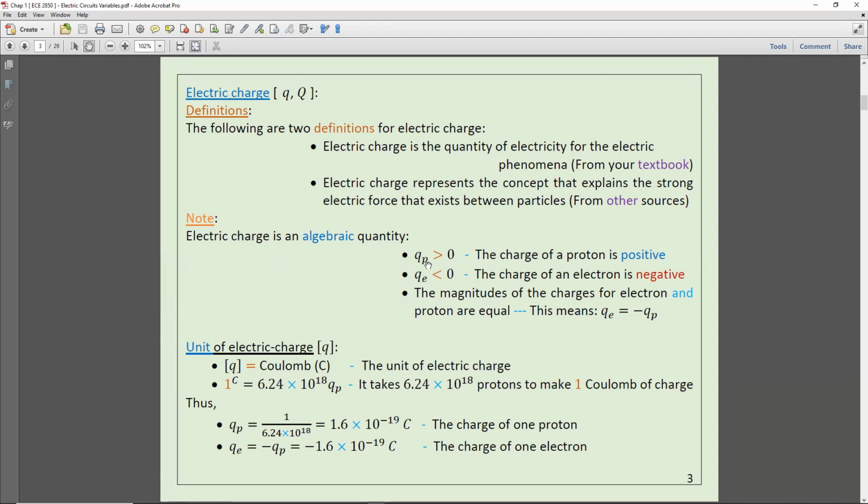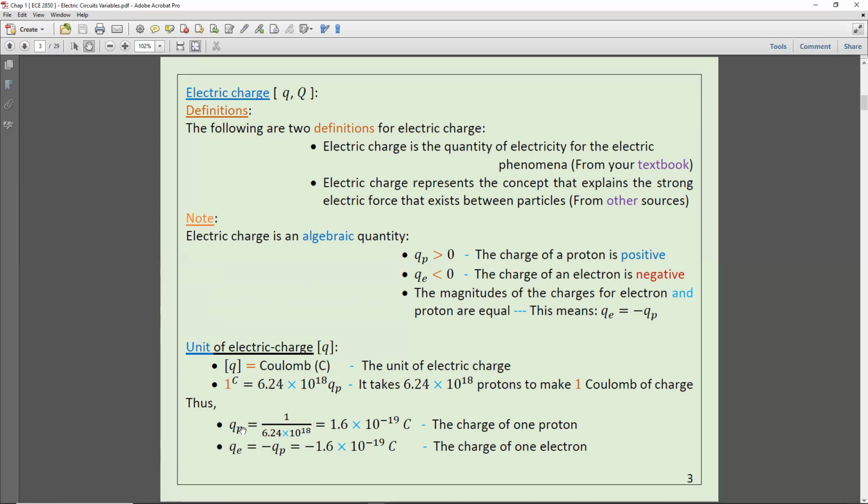One coulomb is equal to 6.24 times 10 to the power 18 times the charge of an electron, Q_e, because I told you they are the same in magnitude. That means if you have 6.24 times 10 to the power 18 electrons, this makes only one coulomb.